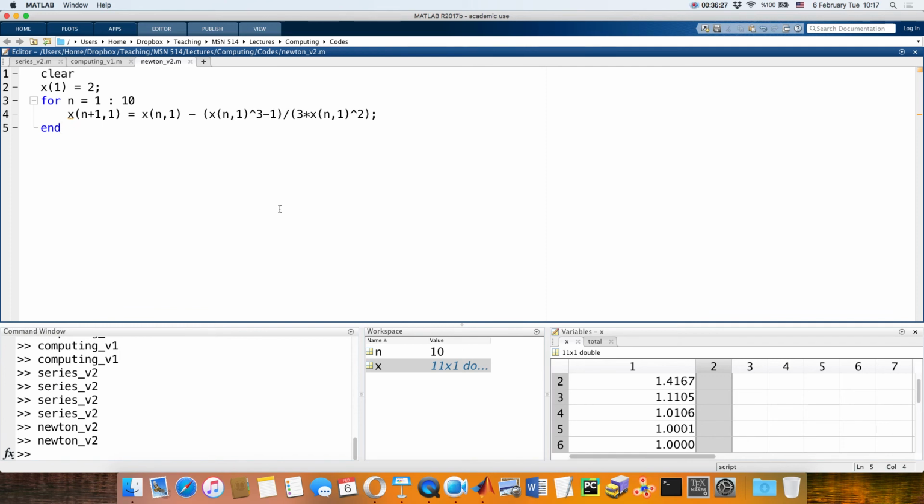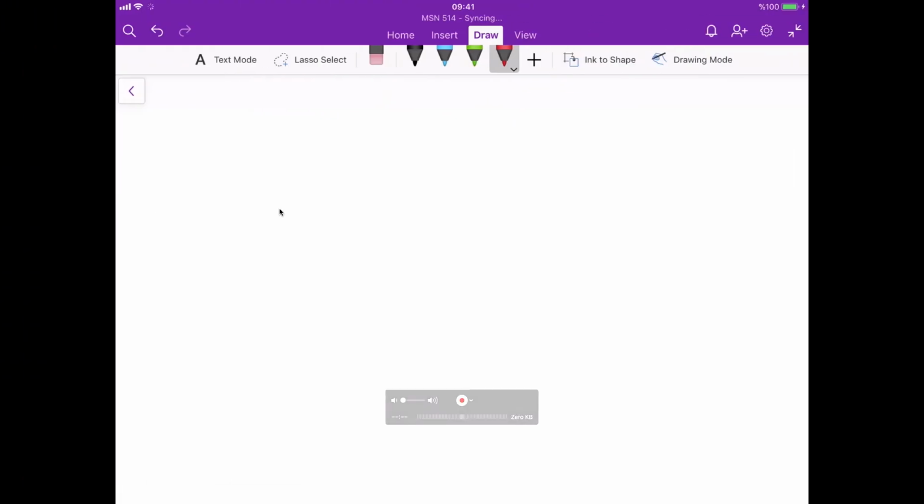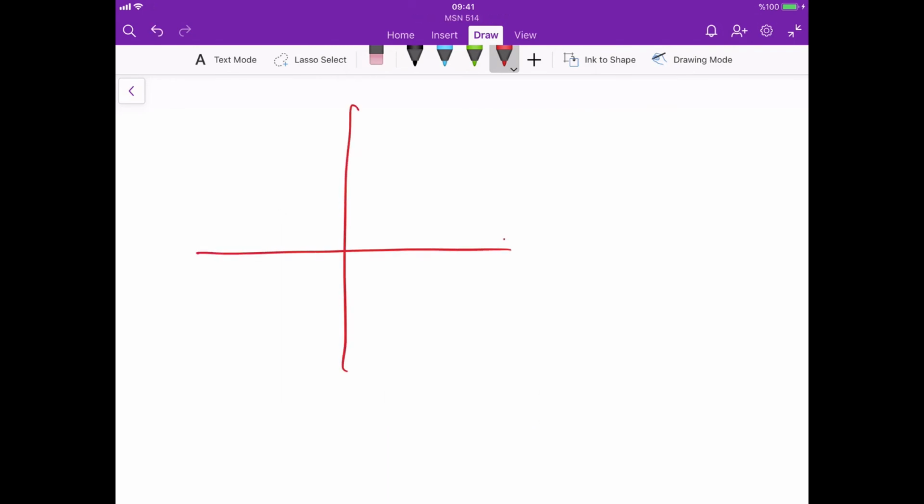So the question is the following. We have this complex plane, right? And we know that this is one root, this is another one, and this is the third one, okay?